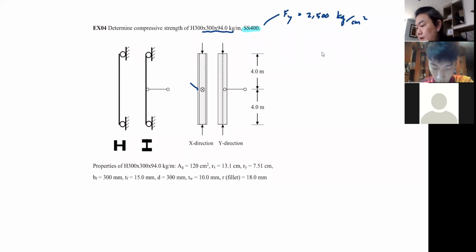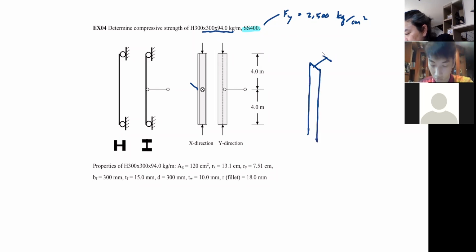Okay, so if you flip 90 degrees, you will see the bracing on the side, trying to limit the movement in Y direction. So if I may draw this H in 3D, what you would see is something like this.